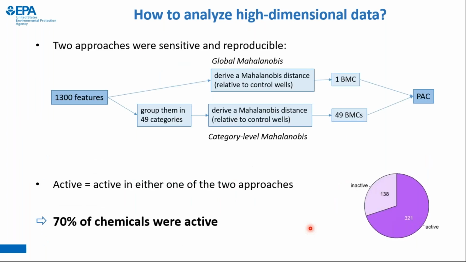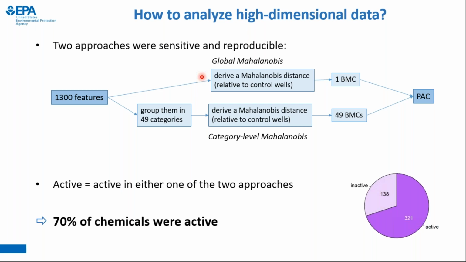But we ended up deciding for this project to go forward with 2 approaches. In the first approach, we always start with the 1,300 features, but you boil them down to one number, and that is a Mahalanobis distance. A Mahalanobis distance is similar to a Euclidean distance, which is really just the distance in space.